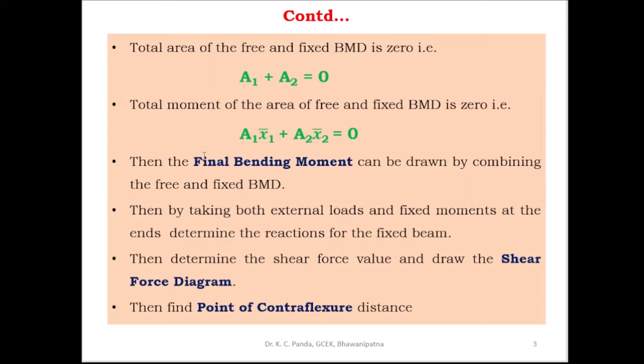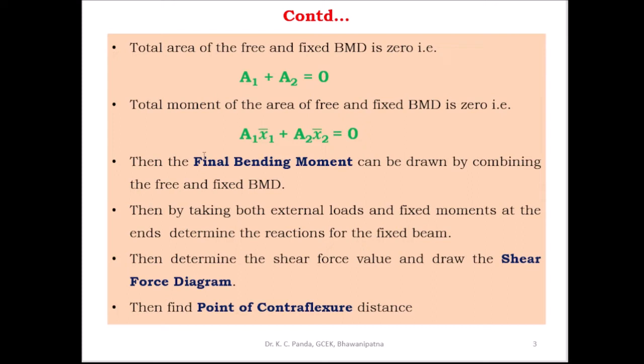If you are taking from support A, then you take both moments from support A. So A1 x1 bar plus A2 x2 bar is equal to 0. Using these two equations, you can find the fixed end moments MA and MB.